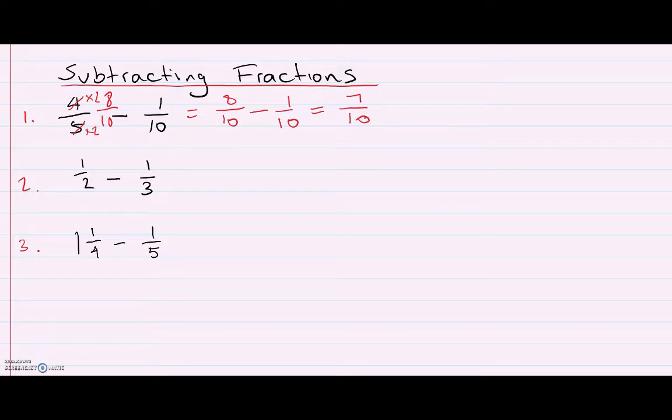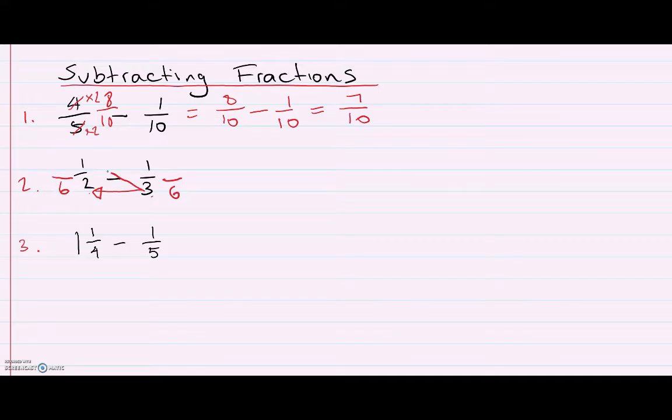Let's look at the second example. I can't easily change either the 2 or the 3 into the other denominator, so what I'm going to have to do is try and get a common denominator by multiplying the 2 and the 3 together. This means that I'm going to be changing my fractions into something out of 6. So when I multiplied my 2 by 3, that gave me 6.